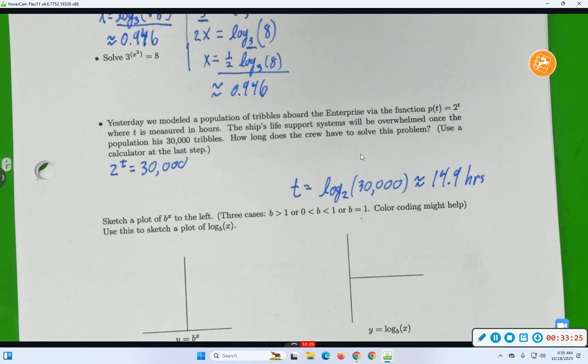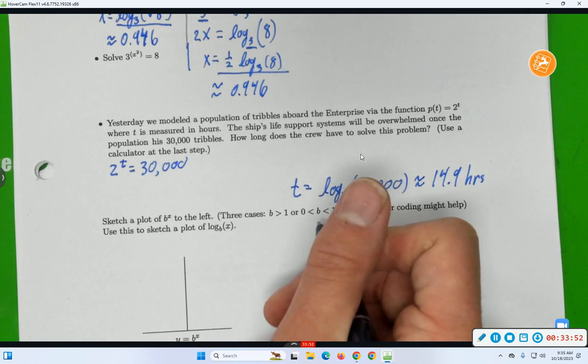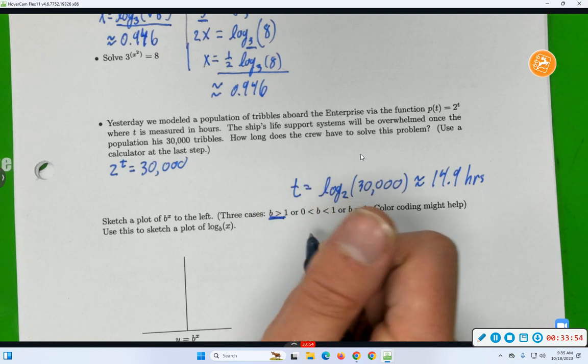So I want to sketch the graph of various logs with different bases. And to do that, we have to sketch the graph of the various exponentials. So let's try to do that. What does the graph of b to the x look like if b is bigger than 1?